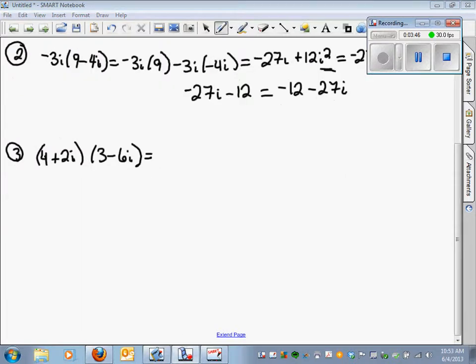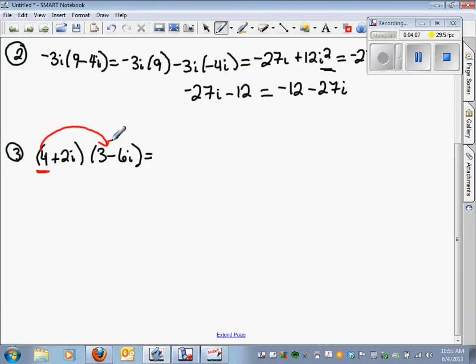Not only can we multiply an imaginary times a complex number, we can also multiply two complex numbers in much the same way that we multiplied two polynomials. We're going to start off by taking this real portion of our first complex number and multiplying it by our second complex number.